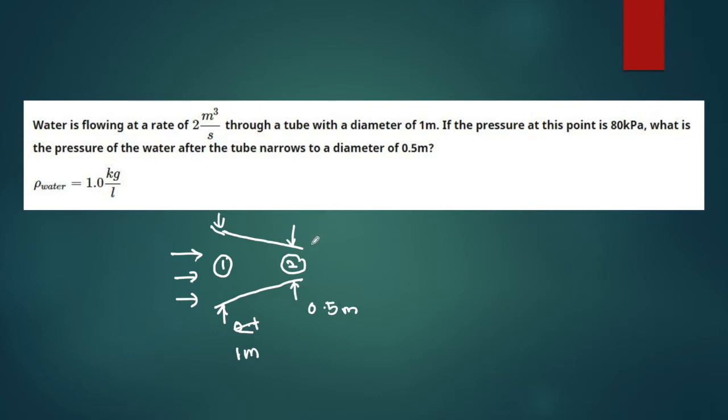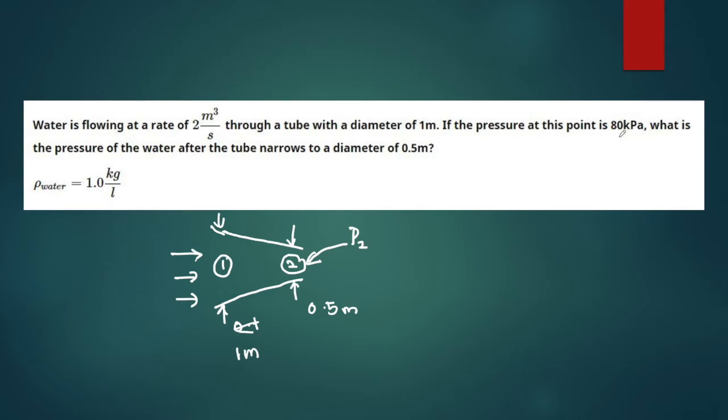So the objective of this question is to find the pressure of water after the tube narrows. So we have to find the pressure at this point, P2. Do we have pressure 1? Yes, because in this question, the pressure at point 1 is 80 kilopascal.